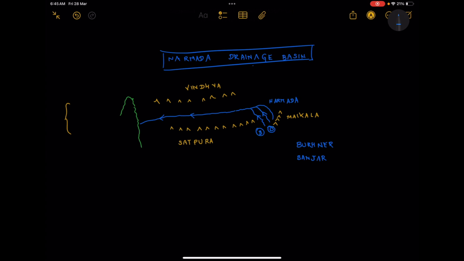Once the Narmada enters the Rift Valley, we have a right bank tributary, that is Heran, and then we have two more left bank tributaries, and from the south we have the river Tawa.